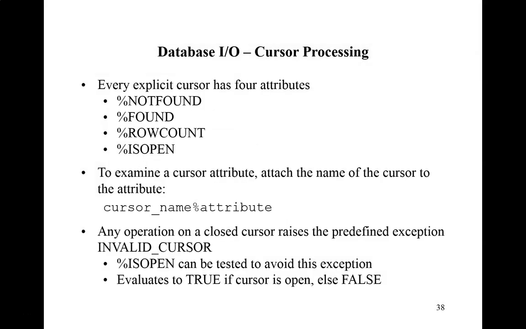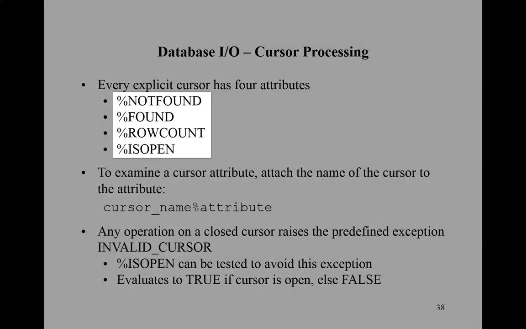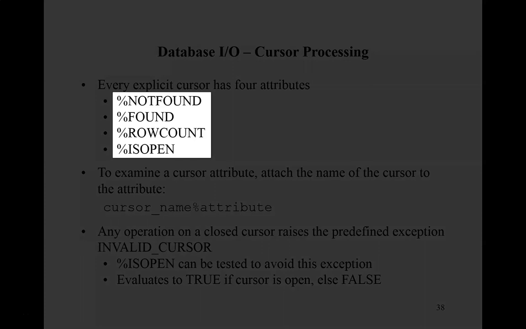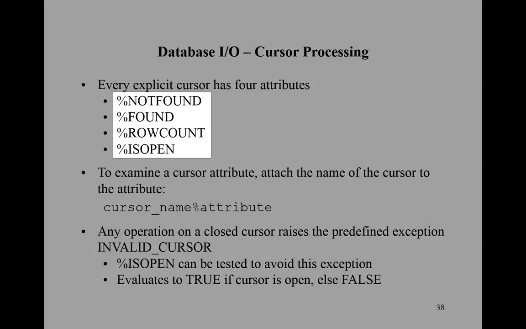We've mentioned that cursors have attributes associated with them. Here are the attributes that we'll see we can access for an explicit cursor: %notfound, %found, %rowcount, %isopen.